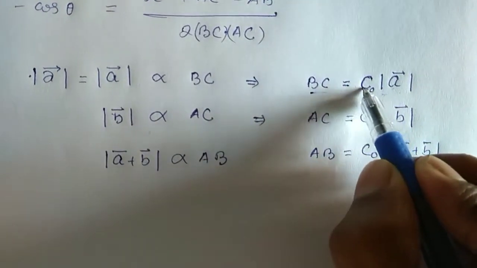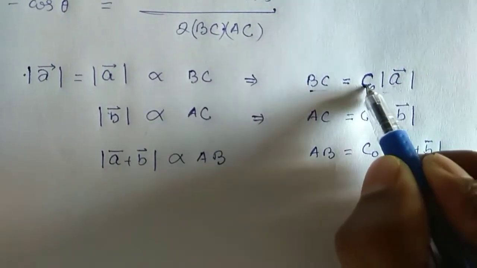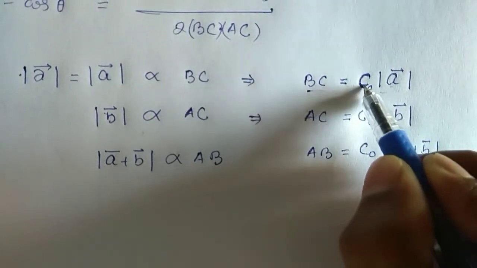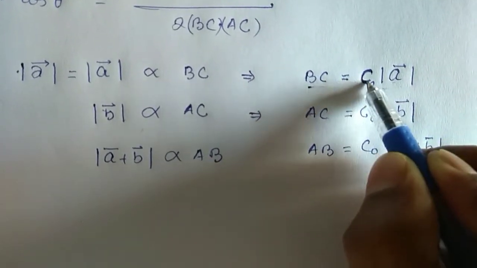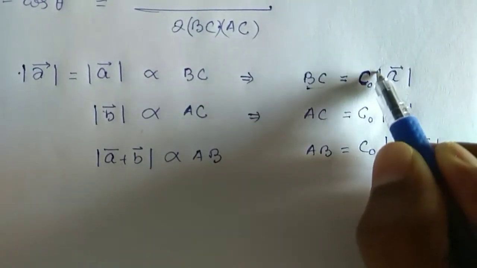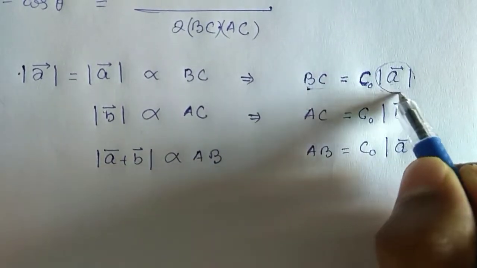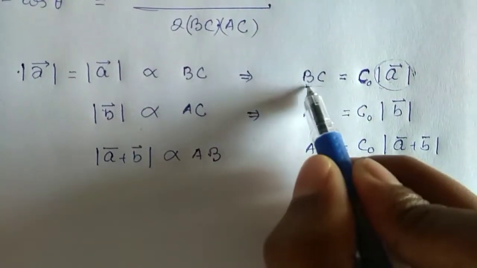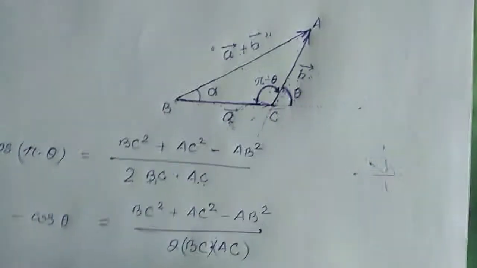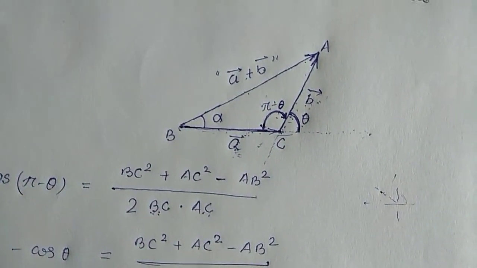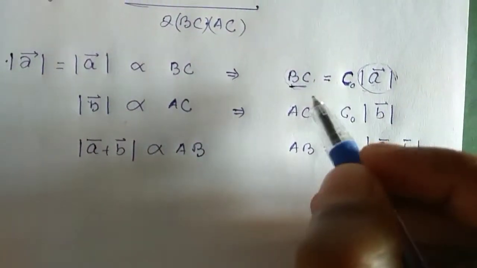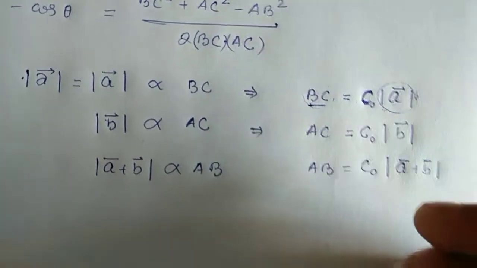If you ask why it cannot be 0, the answer is, if it is 0, then vector A will be undefined, or in another way BC must be 0. But here BC is not 0, AC is not 0 and AB is not 0. So C0 must be positive.